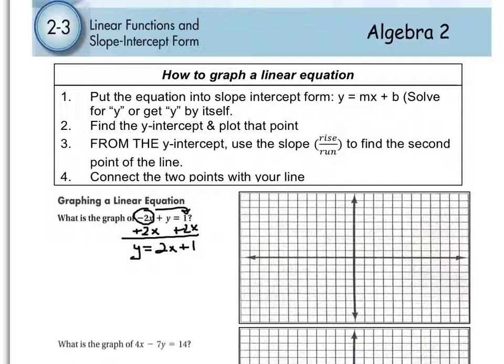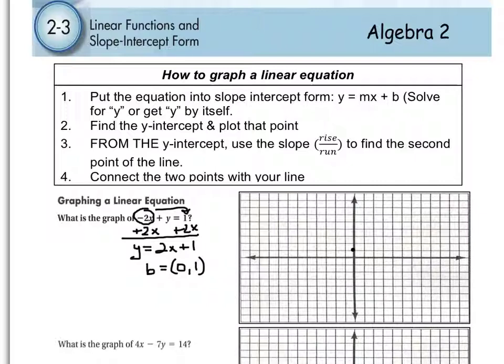Step 2 says find the y-intercept and plot that point. Well, the y-intercept is letter b, which is the ordered pair 0, 1. So when I find that point, I've got the point 0, 1. I go 0, I go up 1. I'm going to put a dot right there.